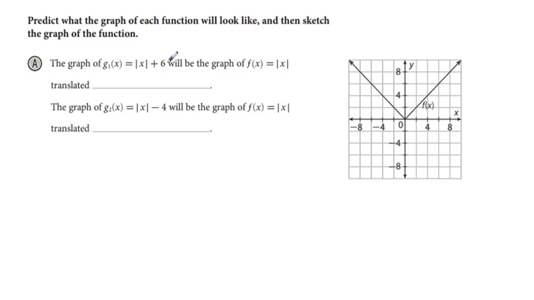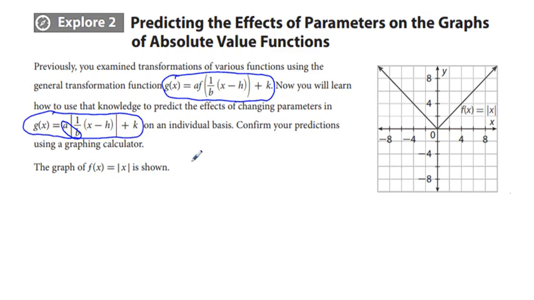What is this plus 6 going to do? It says confirm with the graphing calculator. Well, k here means translates up or down. H here is going to be a left or right translation. And then a and b are the stretching or compressing.